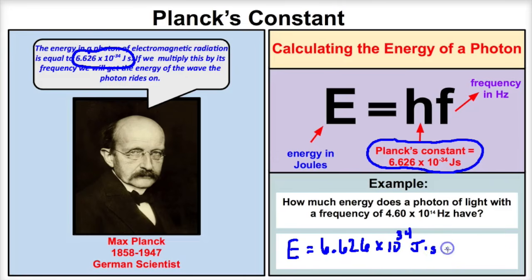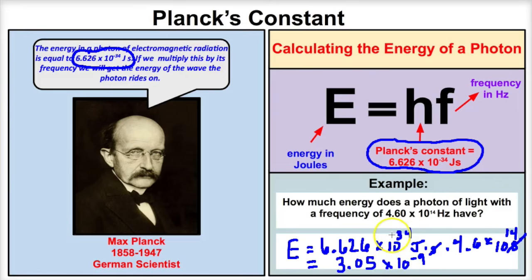And we're going to multiply this by the frequency, 4.6 times 10 to the 14th s to the negative 1. These units will now cancel out. And so when we put this in our calculator, we're going to end up with 3.05 times 10 to the negative 19th.